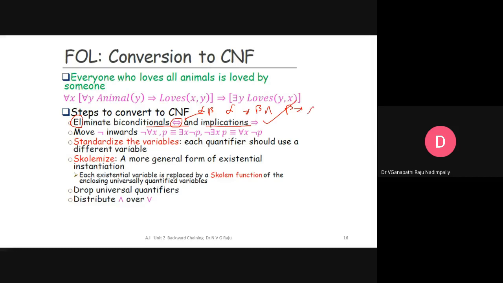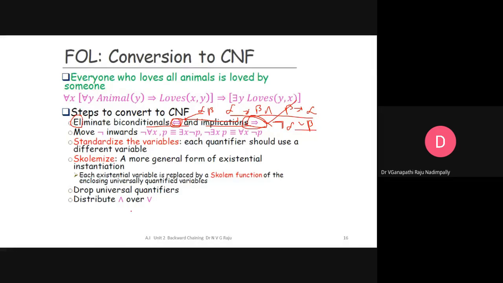Yes or no? Yes, sir. Now, how can I eliminate this implication? Negation of alpha or beta. The bi-implication can be eliminated with the help of alpha implies beta and beta implies alpha, whereas the implication can be removed with negation of alpha or beta.